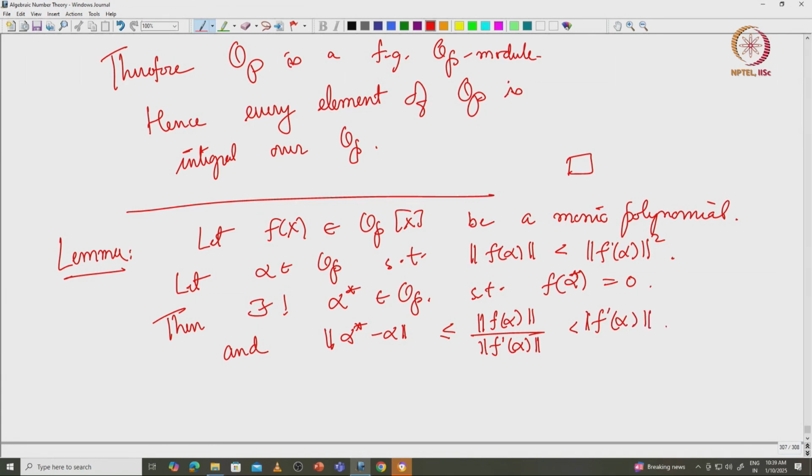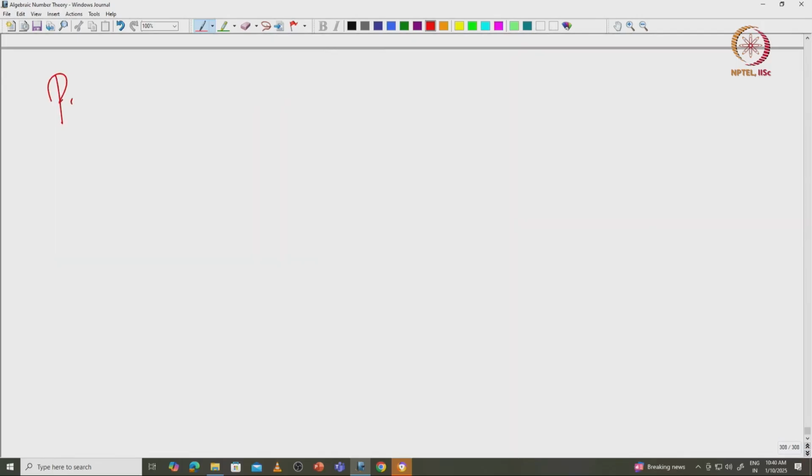Okay. And so, again the idea would be to construct a sequence of elements giving better and better approximations. Okay. So, proof. Construct alpha 1, which is just alpha.